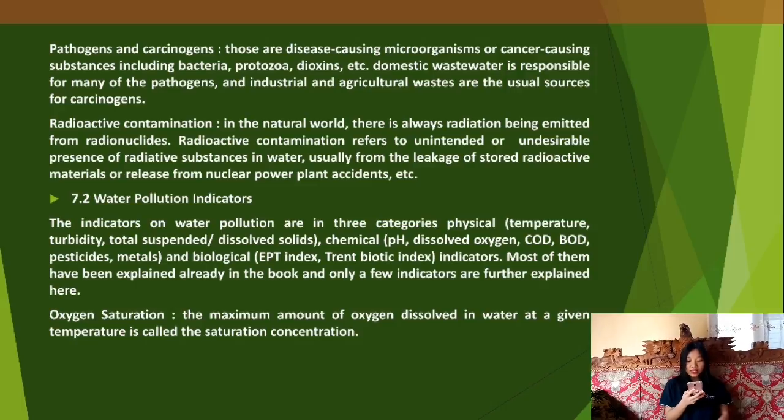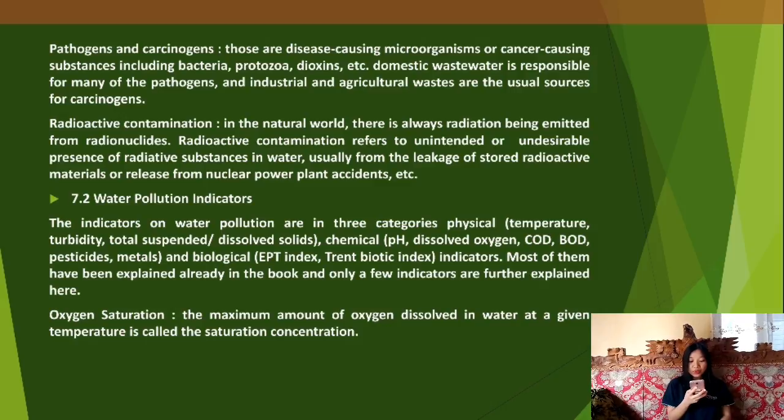Those are disease-causing microorganisms or cancer-causing substances, including bacteria, protozoa, dioxin, etc. Domestic wastewater is responsible for many of the pathogens, and industrial and agricultural wastes are the usual sources for carcinogens.